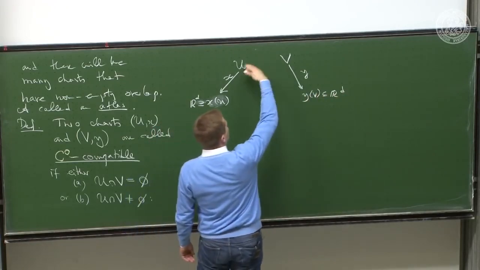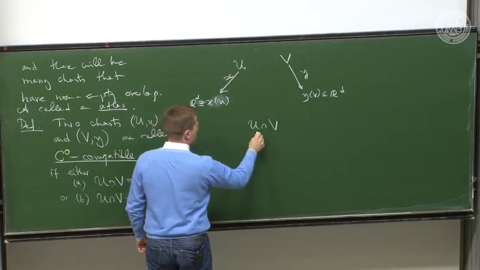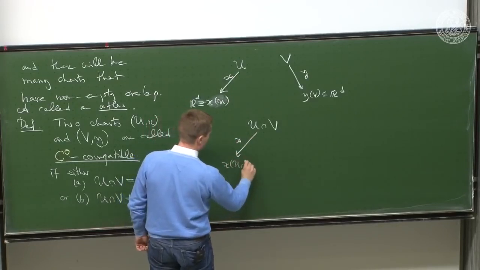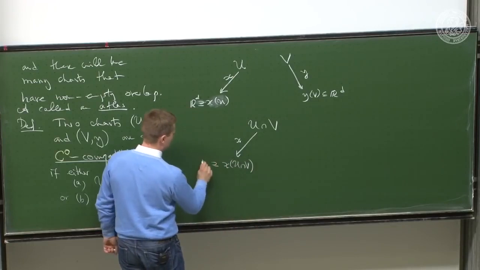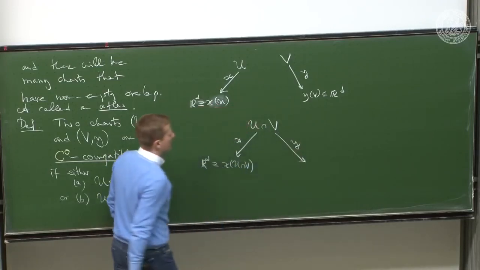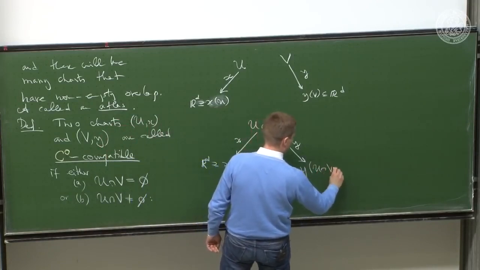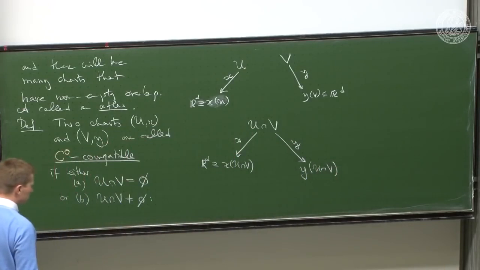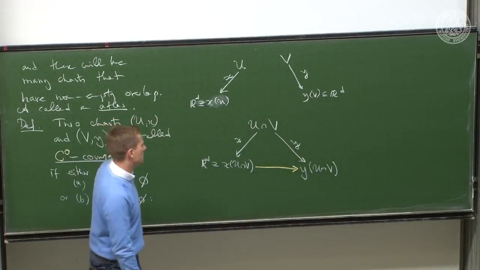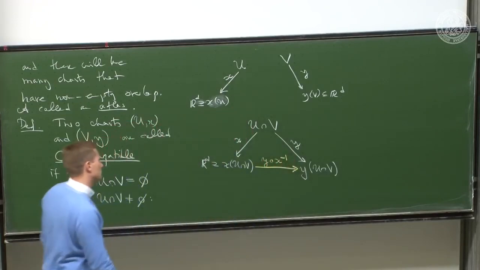But now if the charts overlap, then in the overlap you can apply either the coordinate map X and you land in X of U intersected V, which is a part of RD, or to every point in the intersection you could also apply the map Y, which yields Y of U intersected V. And of course, you could also look at this path here, which is Y after X inverse.